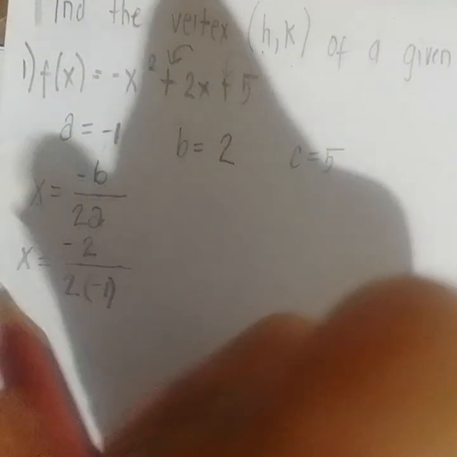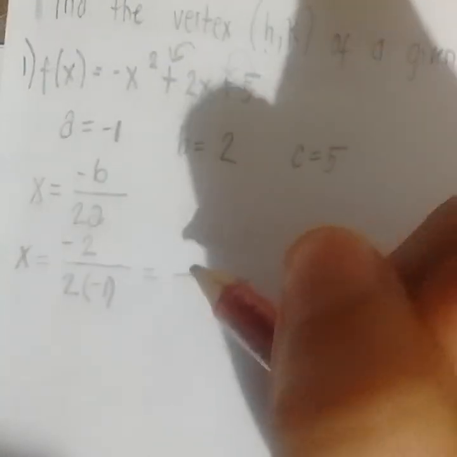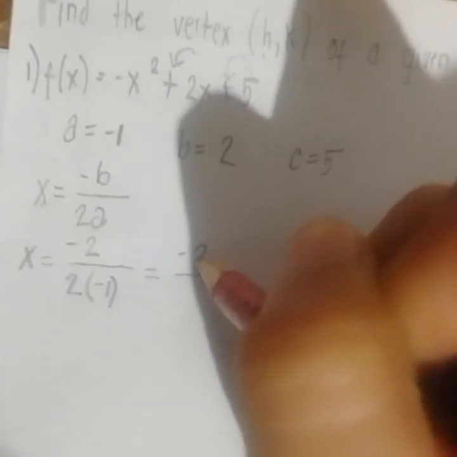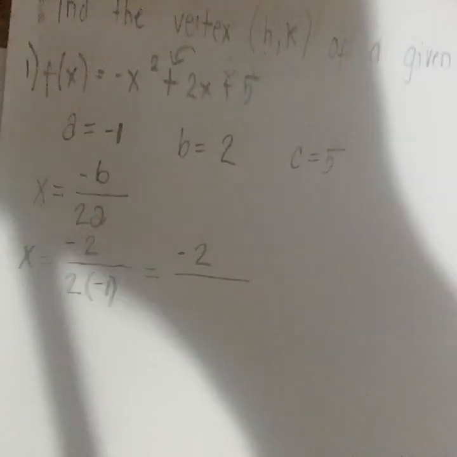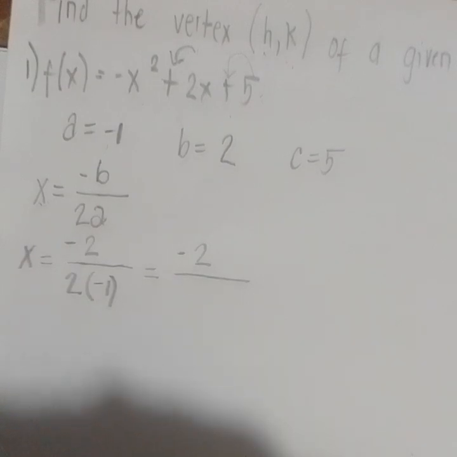Now we will simplify. Since the numerator is a single term, negative 2, then copy it first. We will come back to it later. We will simplify first the denominator since it has parentheses.